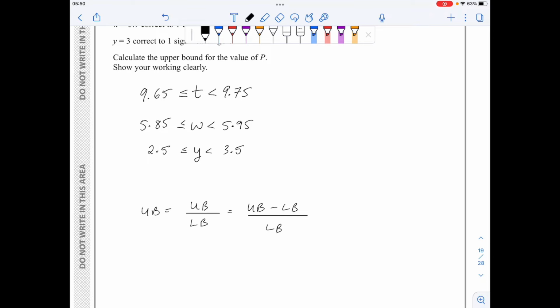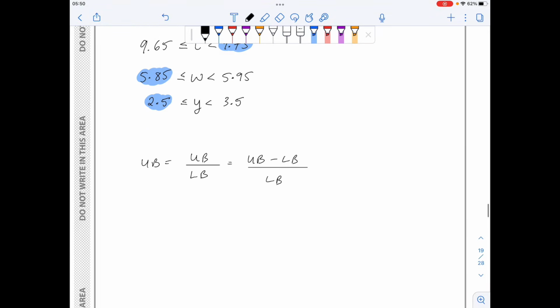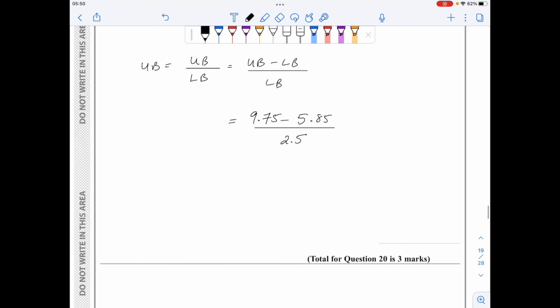Denominator again is lower bound, so I will need to use the following numbers: 9.75, 5.85, and 2.5. So let's substitute this. 9.75 minus 5.85 over 2.5. Put this in the calculator and you will get 1.56.